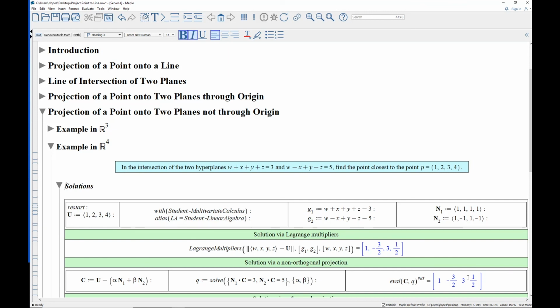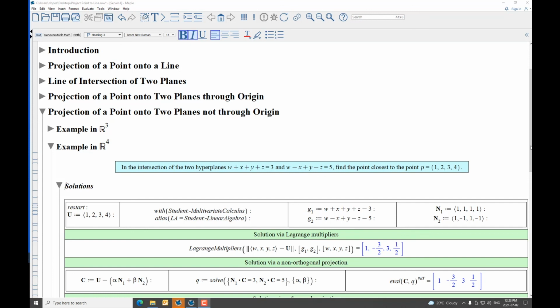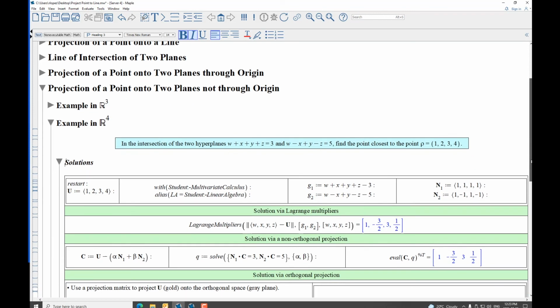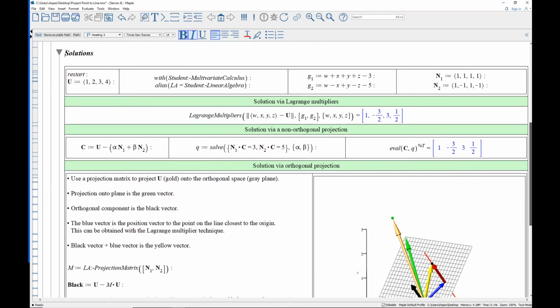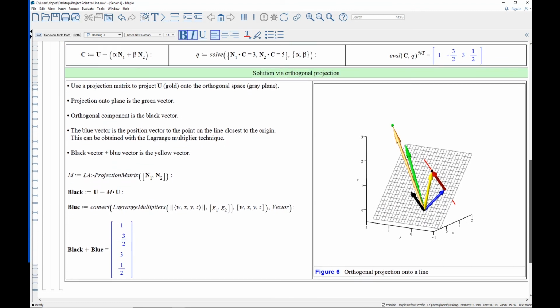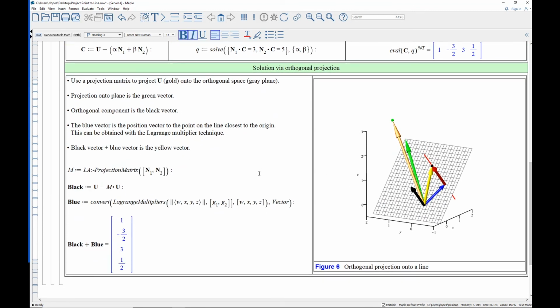So that non-orthogonal projection technique generalizes over higher dimensions. The last thing I wanted to check was, how does orthogonal projection behave in R4 where I can't draw pictures? But I have figure 6, which was drawn in R3. Can that guide me through the calculations and lead me to a solution in R4?